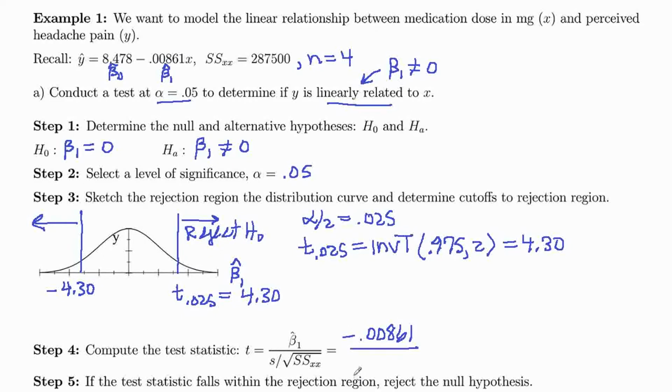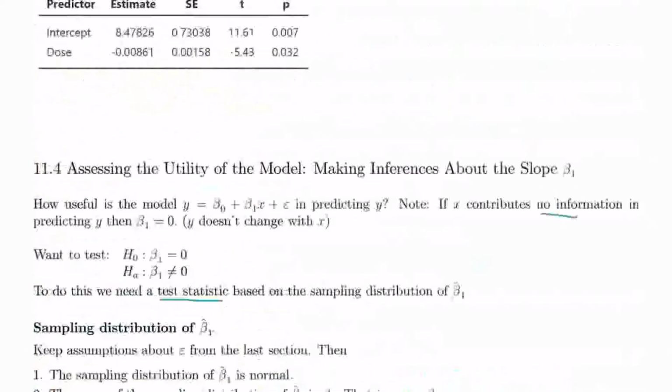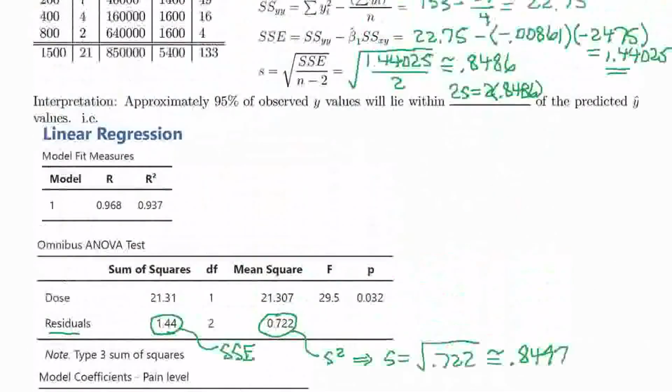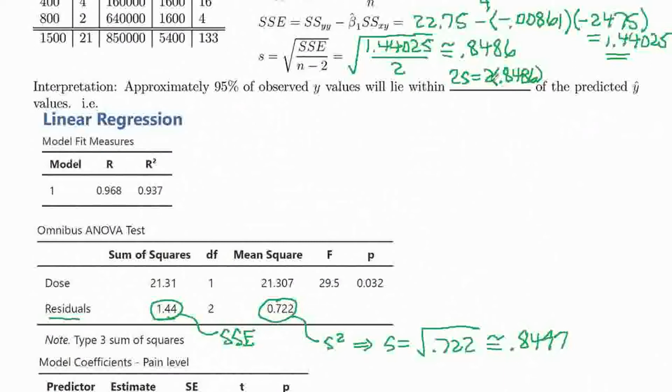And then we're dividing by s over the square root of sum of squares of xx. So the sum of squares of xx right here. And then we had previously computed our standard error s to be 0.8486. 8497 was closer. I will go ahead and use the 0.8486.